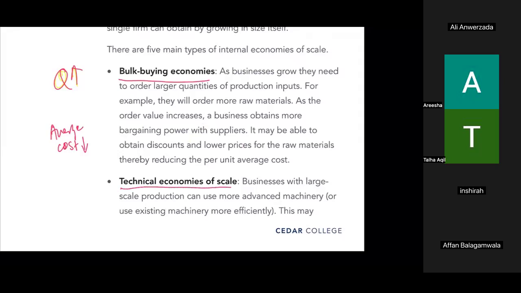Then comes technical economies of scale. Technical economies of scale is simply what happens in the production process. In other words, sometimes when you become large, you are able to organize your factors of production in a really good manner. For example, you can buy advanced machinery. You can also change the layout of your production.